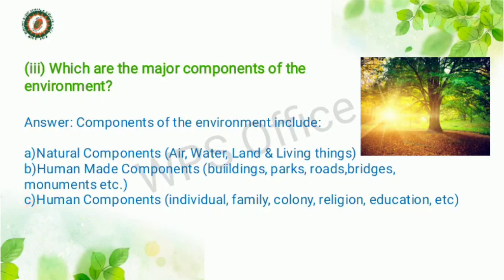And the answer is, components of the environment include number 1, natural components, and they are air, water, land and living things, the plants and animals. Number 2, the human made components, and the human made components are buildings, parks, roads, bridges, monuments, etc.